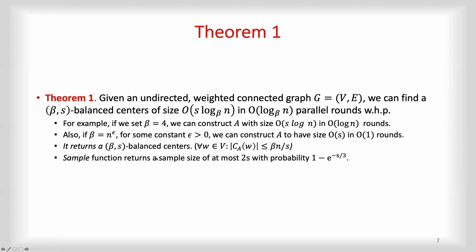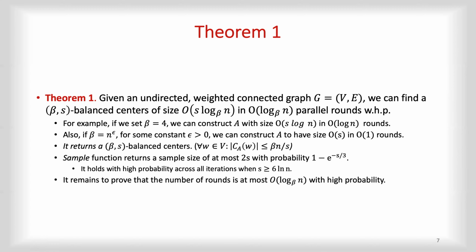In order to see how many iterations it takes and what the center size is, we need to note that the sample function returns a sample of size at most 2 times s with probability 1 minus e to the minus s over 3, and this holds with high probability across all the iterations when s is at most 6 times ln n.